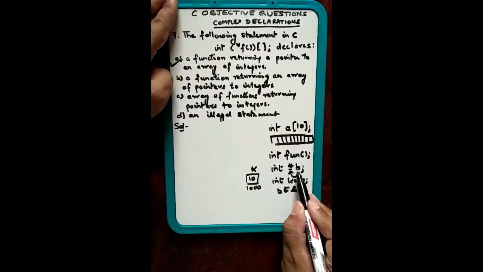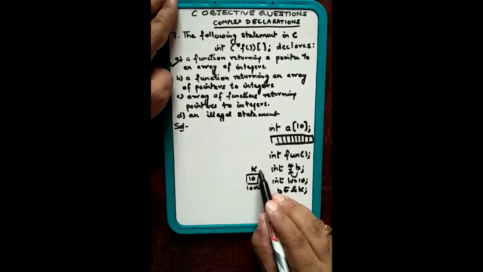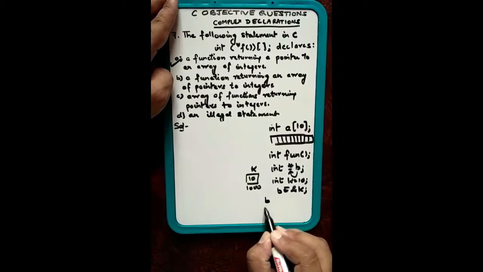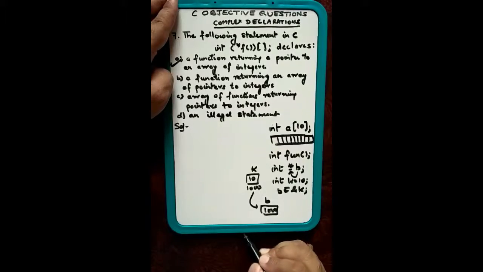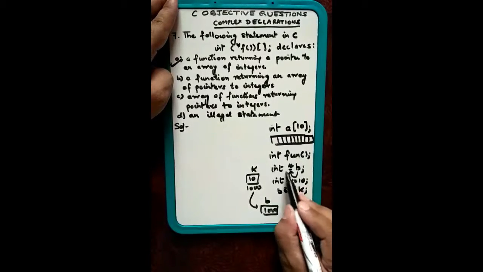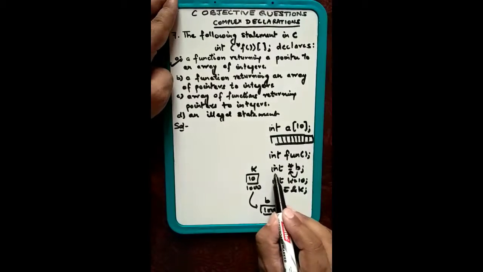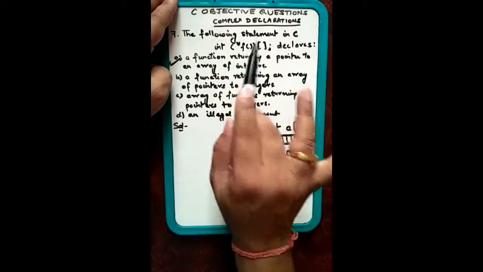Then b is a pointer type variable which will contain address 1000. A pointer type declaration simply means that it is going to contain the address of the data type written in the declaration. These are the simple fundamental concepts I have discussed so that you can understand this particular declaration.